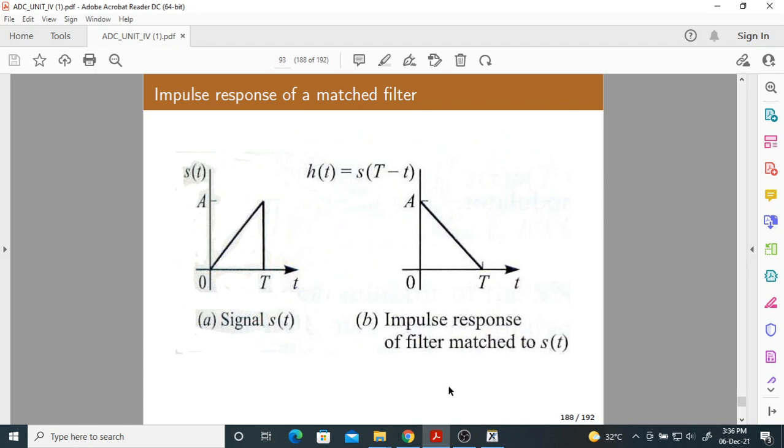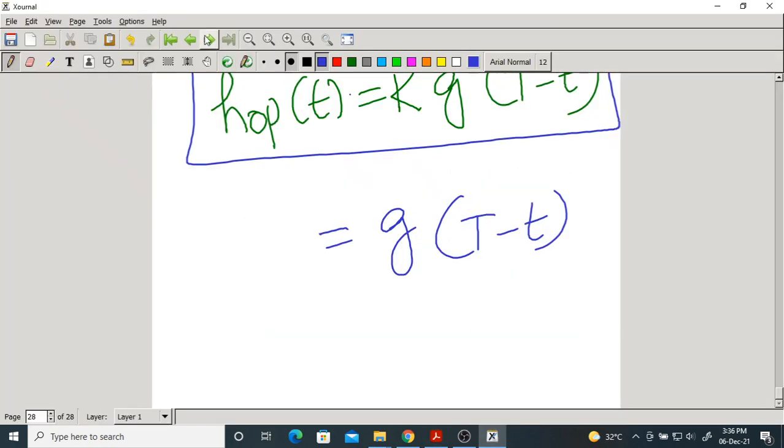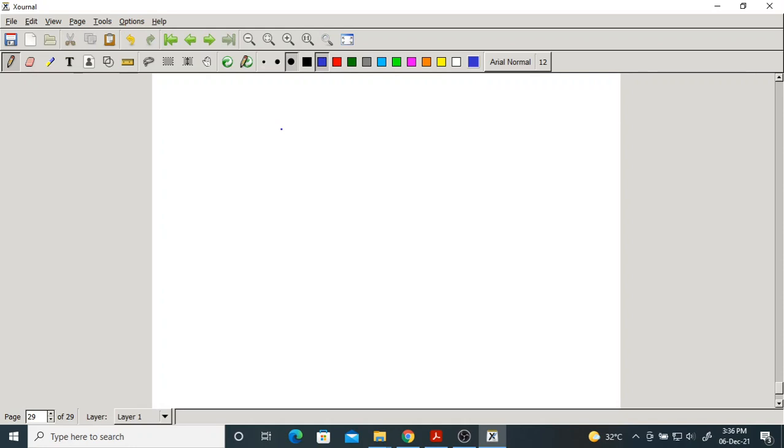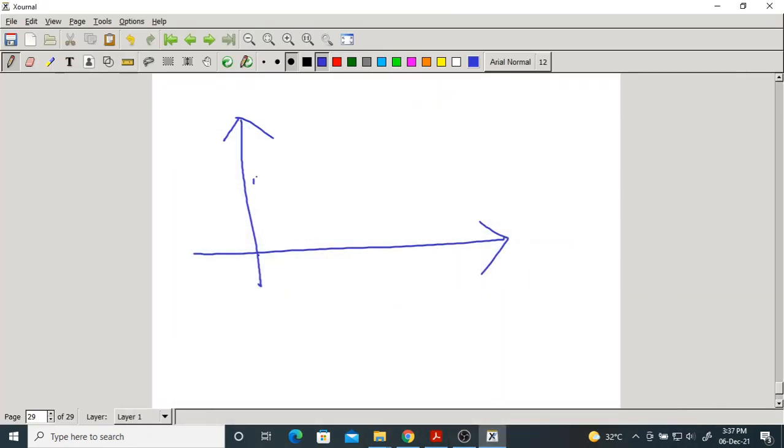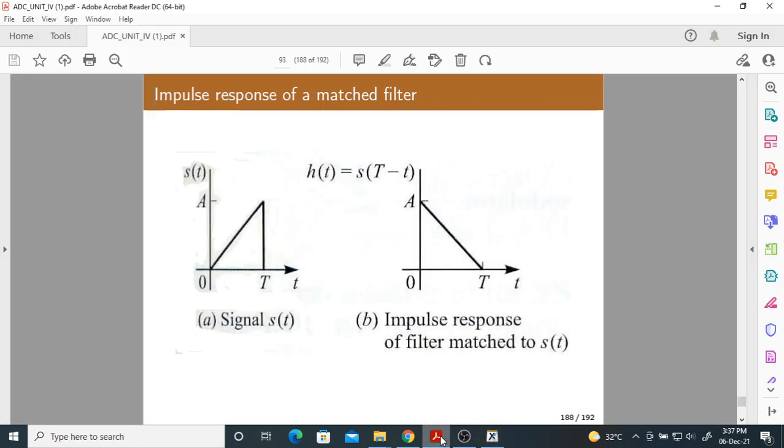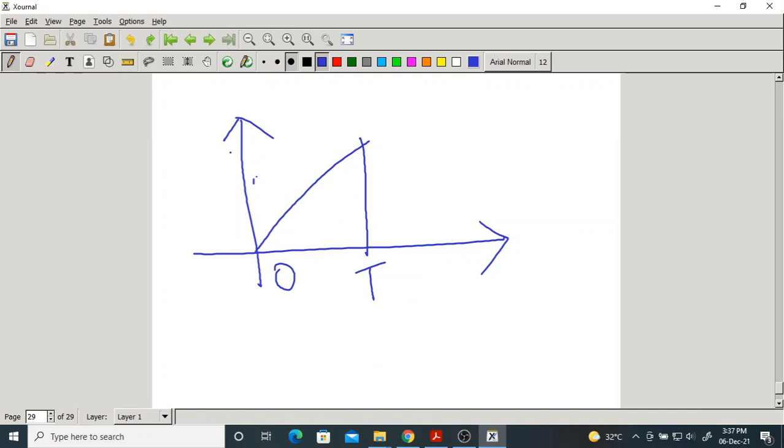Now take this example. The input signal is something like this, g of t, from 0 to T, with value A. Let us take some example. g of t is given to the filter.